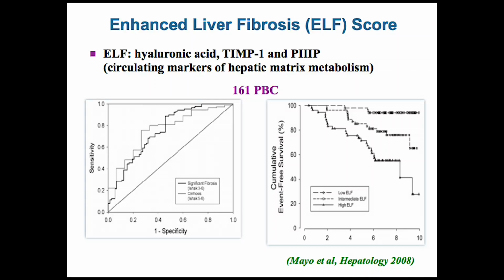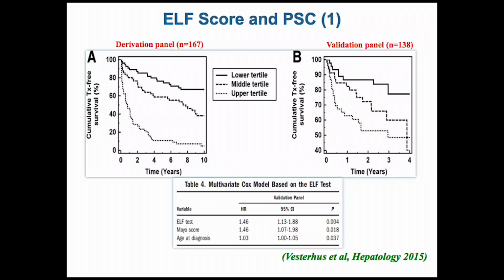And again, this score was tested 4 years ago by the Mayo group in PBC, and they found that the ELF score was an accurate marker of severe fibrosis and cirrhosis, and has a strong prognostic value. So what are the results in PSC?